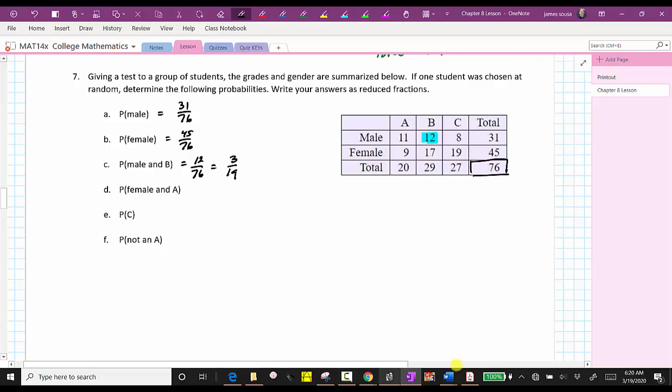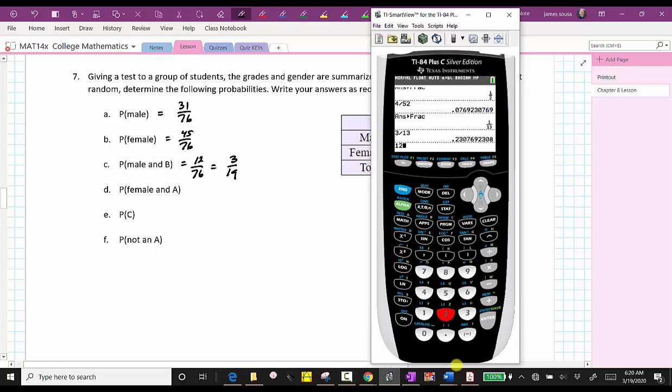And again, if we needed to, we can always take 12 divided by 76, enter, math, enter, enter, which gives us a simplified fraction.